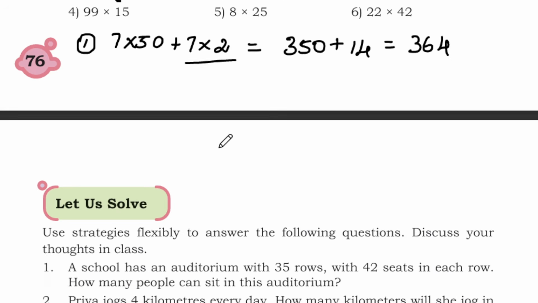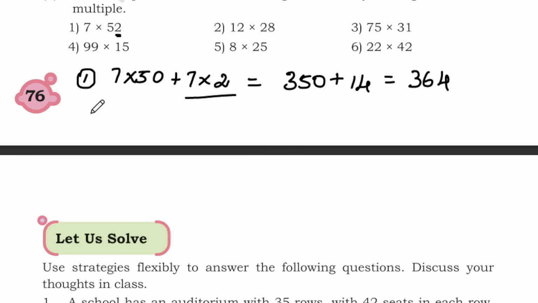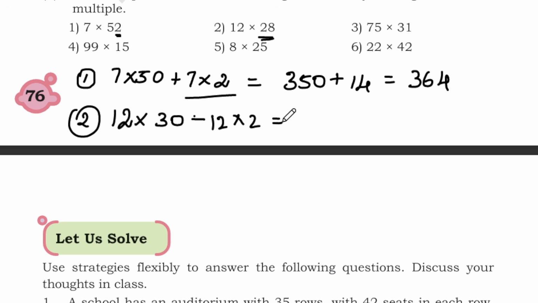Okay, so next you have 12 into 28. So 12 into 28, what you can do is put the nearest ten, which is 30. Again 12 into 30 minus 12 into 2.